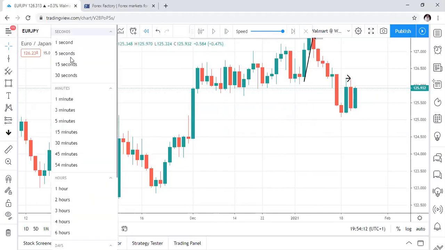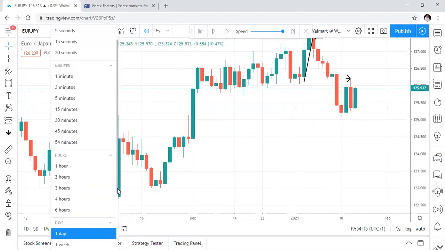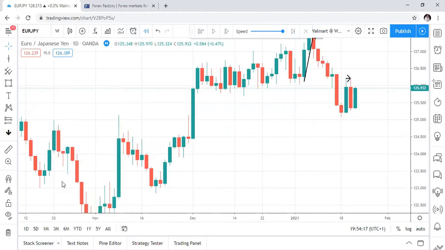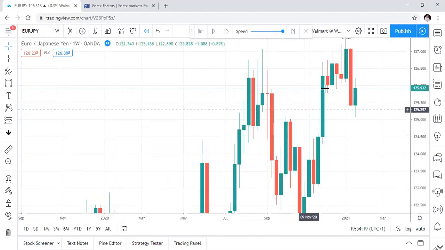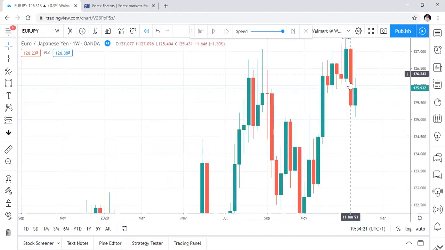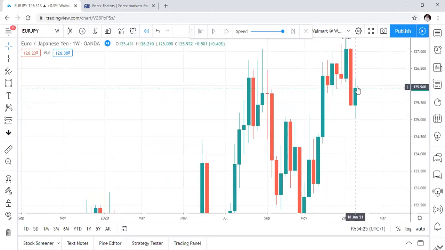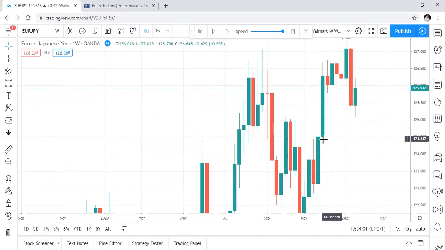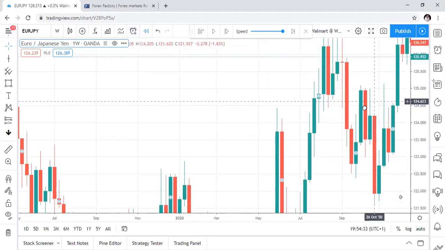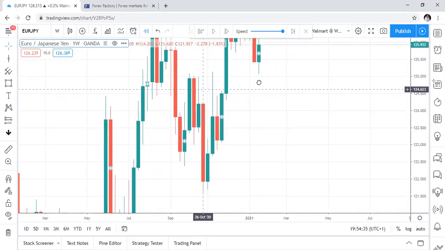Now let's go to weekly. Check one week. You still see this engulfing pattern that breaks the market structure here. So I'm still having a fresh sell. That means Euro USD is fresh under that week.